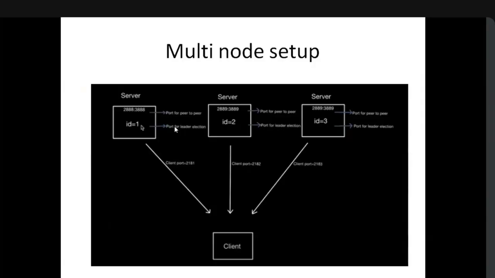This port will be used only for election. Initially, when the zookeeper cluster starts, the election will happen, and to achieve that we need this port. Once the election is done, that port will remain idle.